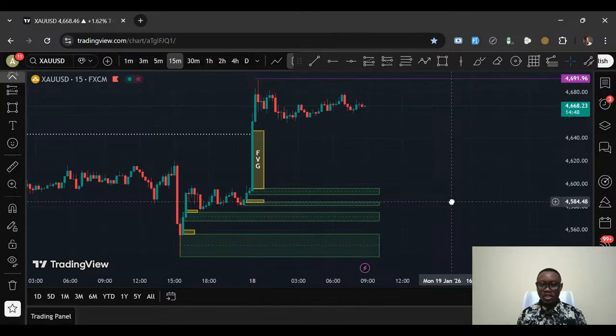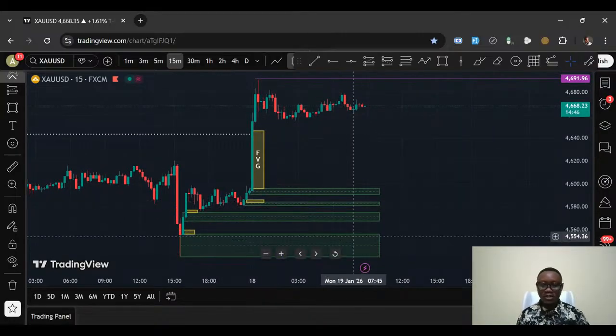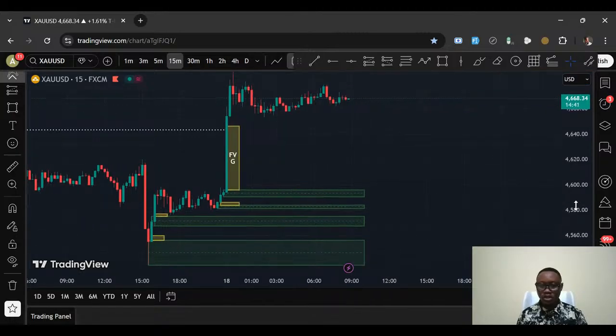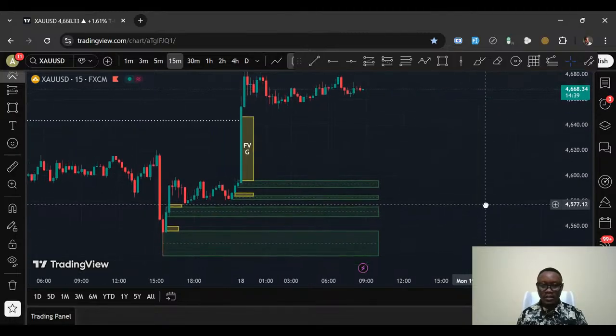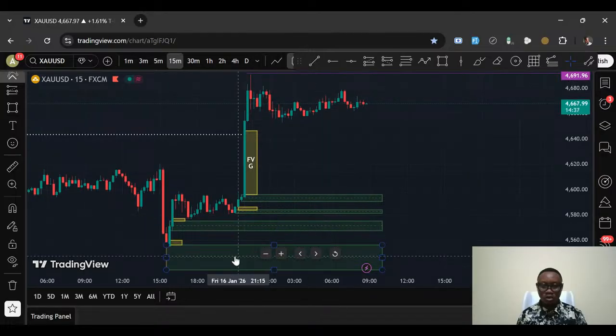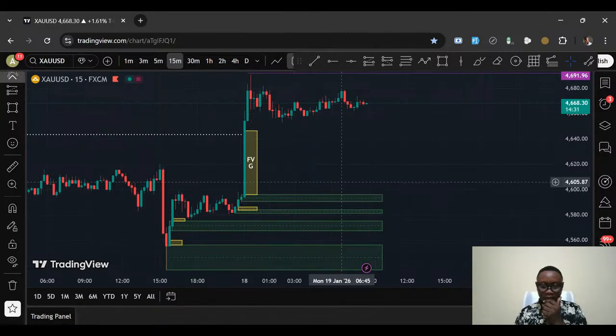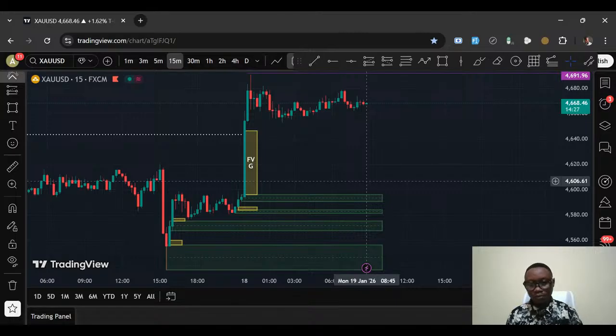Now what I do is, for extreme zones like this, I use the risk entry model. Again, for extreme zones like this one and this, I use the risk entry model, while for zones like this, I use the confirmation entry model.